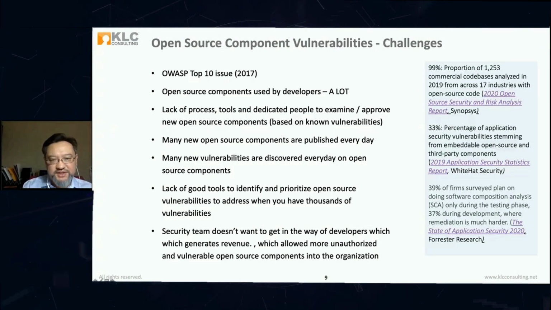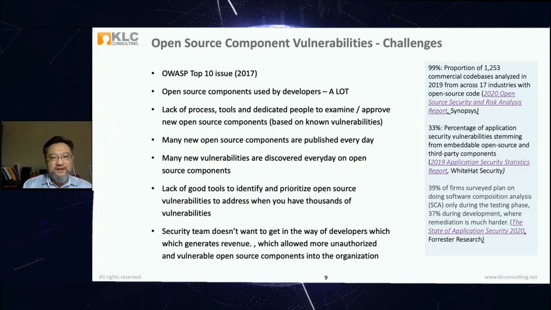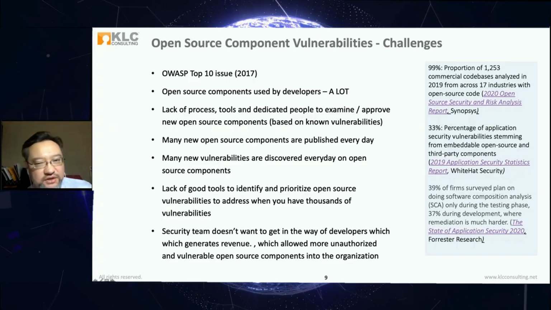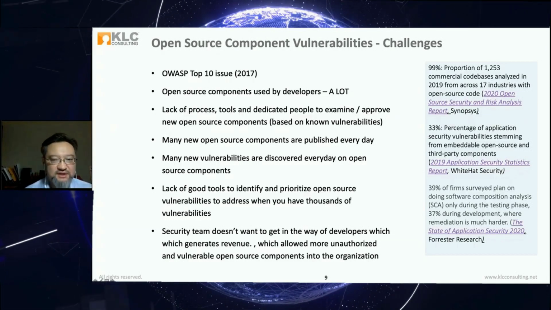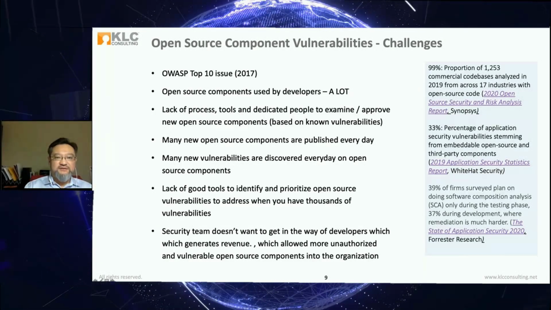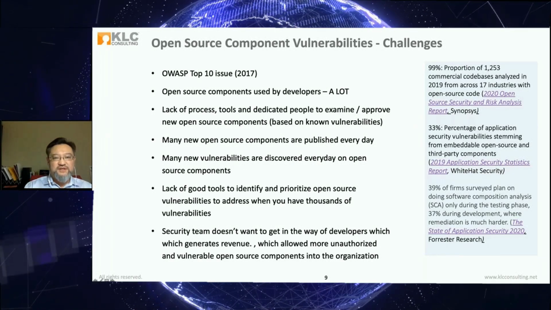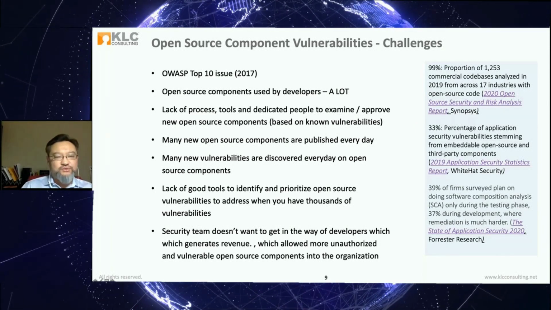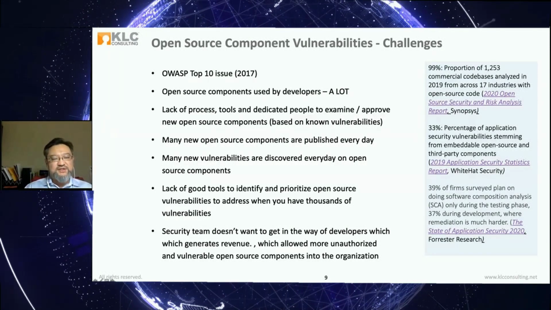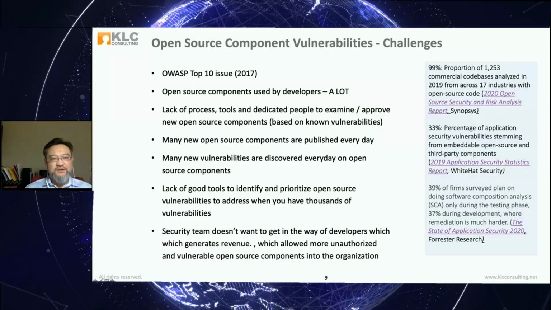And 39% of the firms say that they are going to do software composition analysis, which is another synonym for open source component vulnerability scanning or analysis, during the testing phase. 37% say they will do it in the development phase. So what we're talking about here is the software development lifecycle, right?